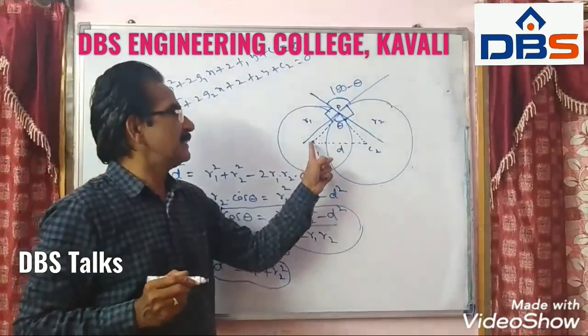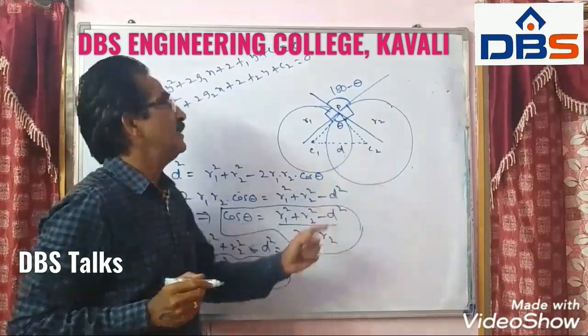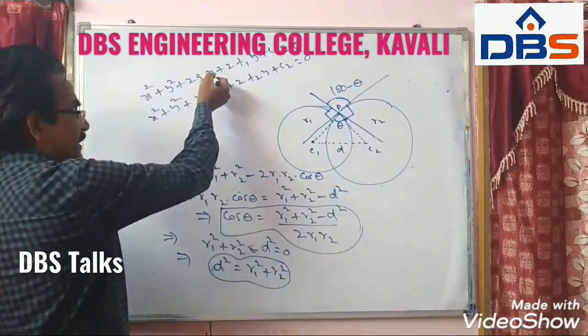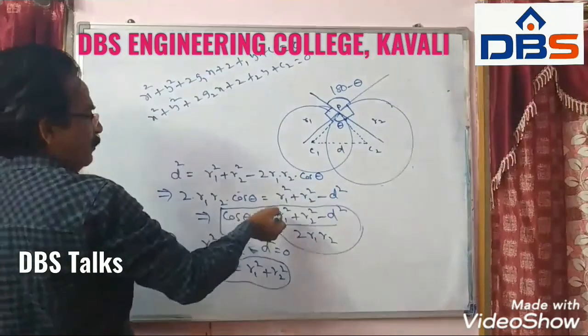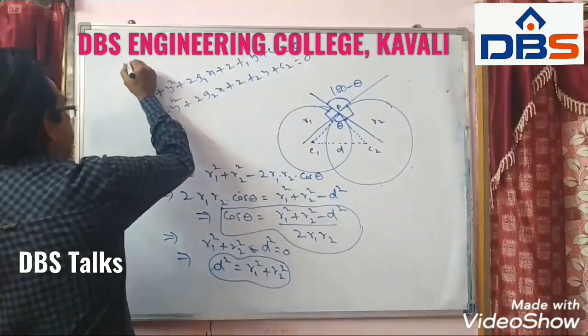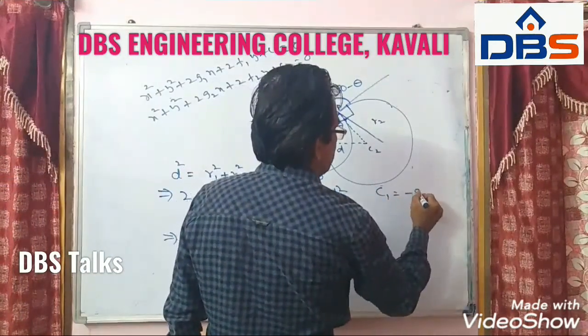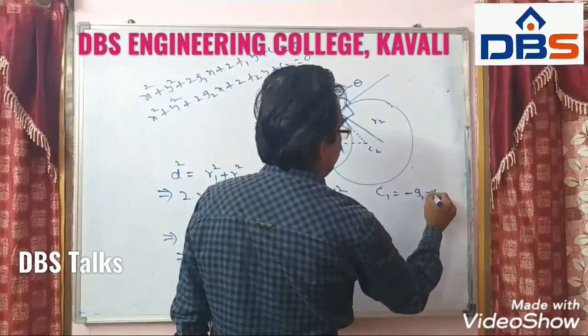D means the distance between the centers of the two circles. So what is the center of the circle? We have done it just now. C1 is equal to minus g1, minus f1.